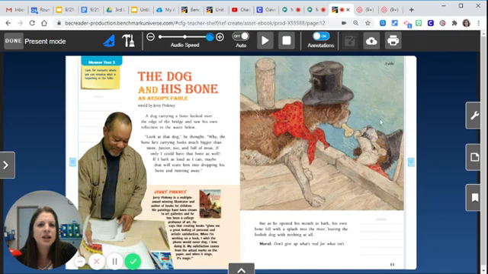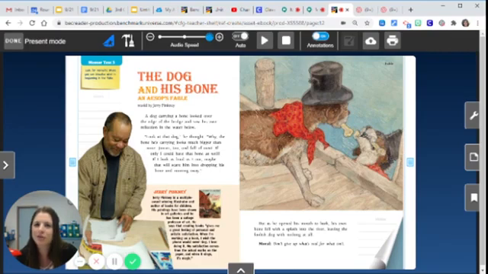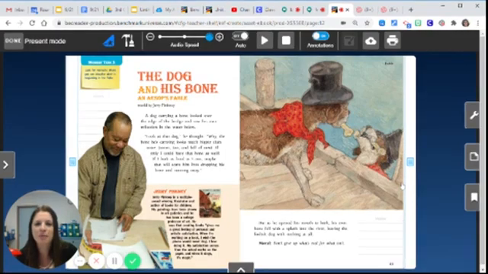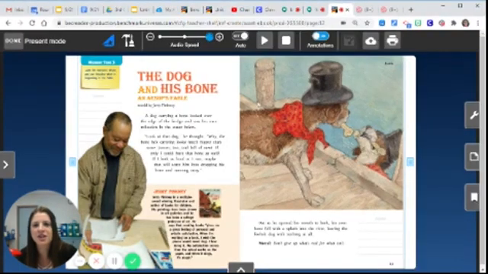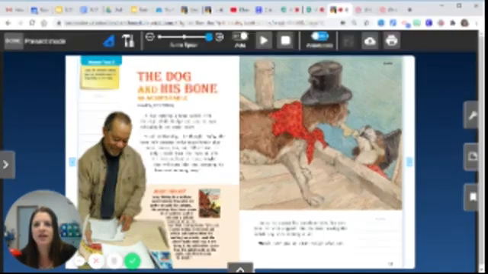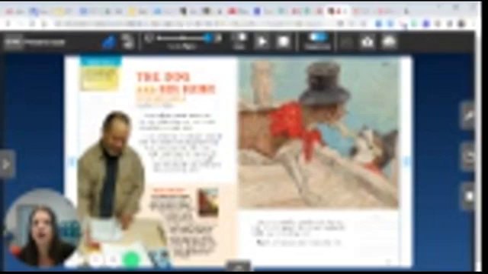And he's looking over, and I think that's water, and I think that's his reflection. Readers, have you ever been able to see your reflection in water before, like maybe in a pool? I'm wondering what the dog is doing looking at his reflection here. So let's read. The Dog and His Bone, an Aesop fable, retold by Jerry Pinkney.